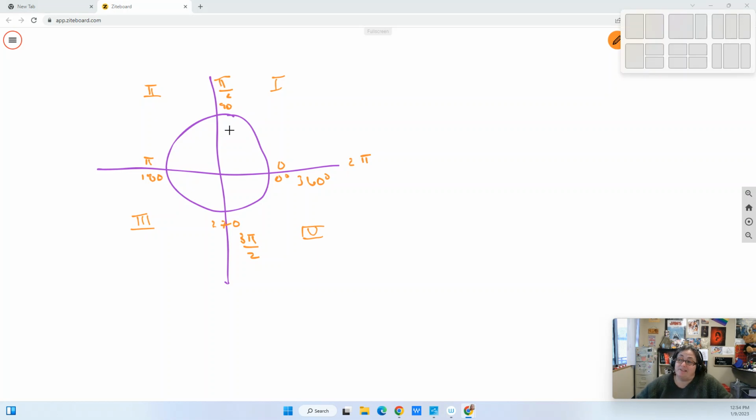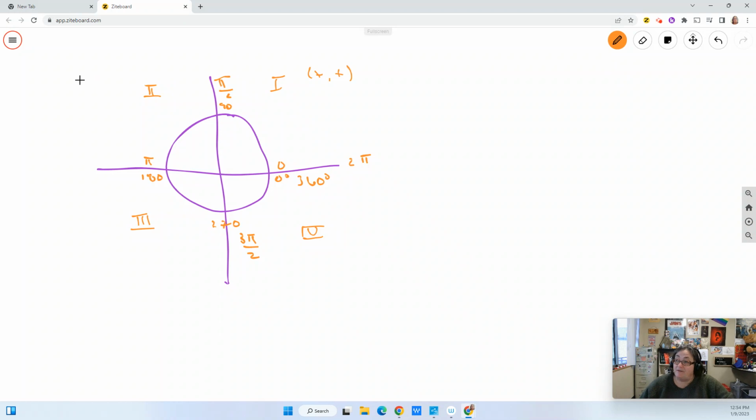And what we know about those is that here everything's positive. X and Y are positive. When I'm dealing with degrees, when I'm dealing with points, either way, in this section everything is positive. In this section, our x's are negative, but our y's are positive, right? If we have x, y, this is positive and this is positive here. And here we know that x is negative and y is positive.